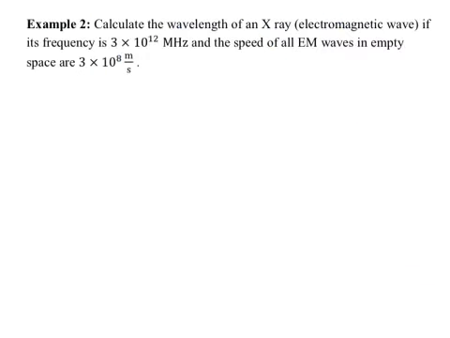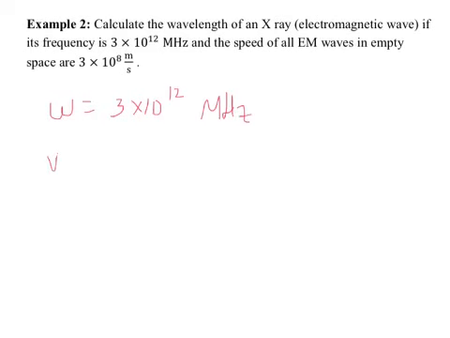Example 2 says, calculate the wavelength of an X-ray, an electromagnetic wave, if its frequency is 3 times 10 to the 12 megahertz, and the speed of all electromagnetic waves in empty space is 3 times 10 to the 8 meters per second. So we can start by listing our givens. Omega is 3 times 10 to the 12 megahertz.